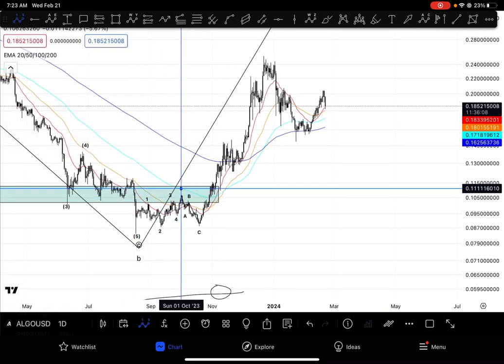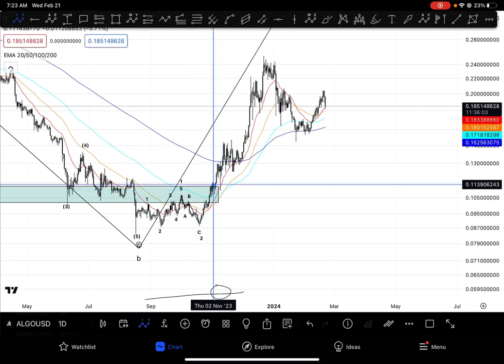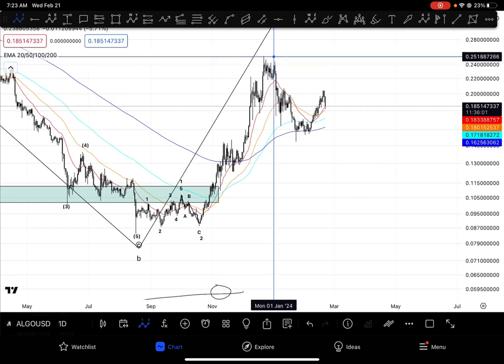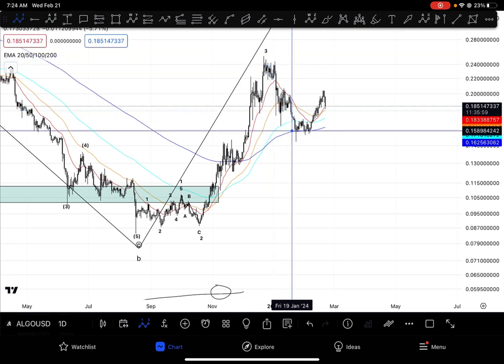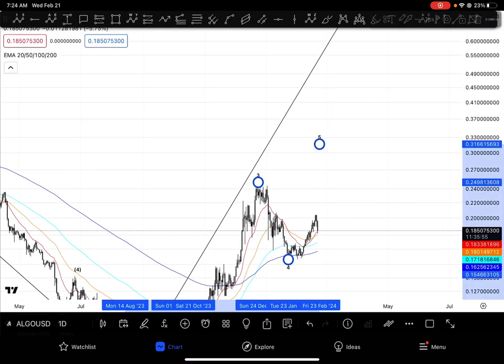So this is your wave 1 as a leading diagonal. You have your wave 2, and then you have your explosive third wave, fourth, and we're having our fifth wave to the upside now.